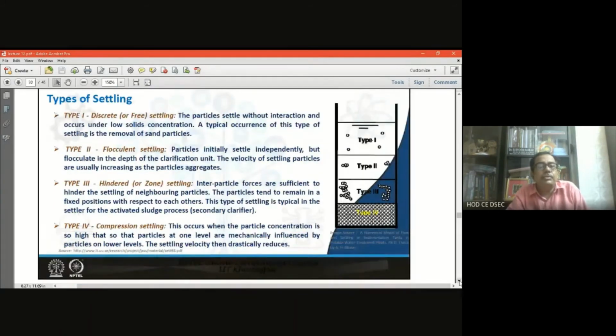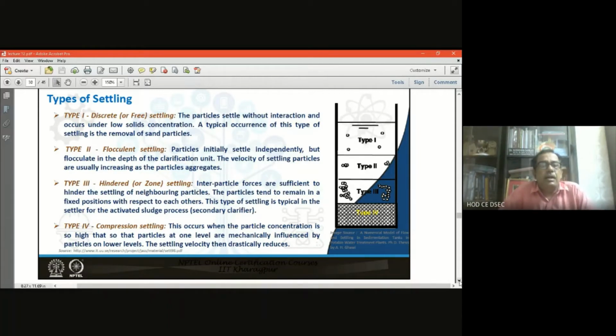Now, types of settling. In a sedimentation tank, the particle settles, that is the types of settling. Now, there are 4 types of settling. One is the discrete settling, that is the free settling. Another is the flocculent settling after making the floc. Just now I have mentioned about it after the coagulation flocculation.